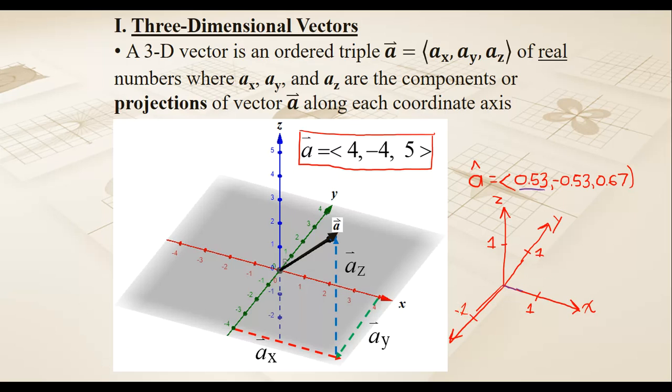So then I would go in the negative Y direction by this amount. So maybe it ends up right here. And in the Z direction, we want to go up by 0.67. So 0.67 looks like a length of about maybe here. So we go up by 0.67. And that's too high.